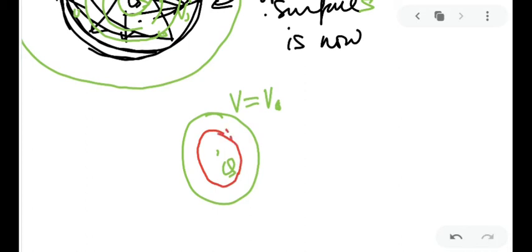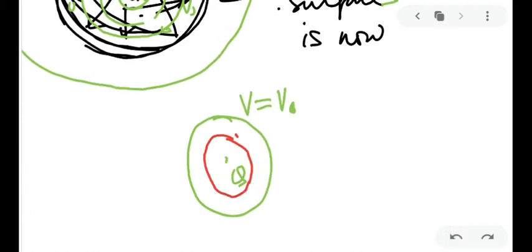So this surface had a potential, I'll call it V00. It's not clear, right? So let me just write it smaller. This surface can be represented by its potential, the value of potential at any point on this surface.